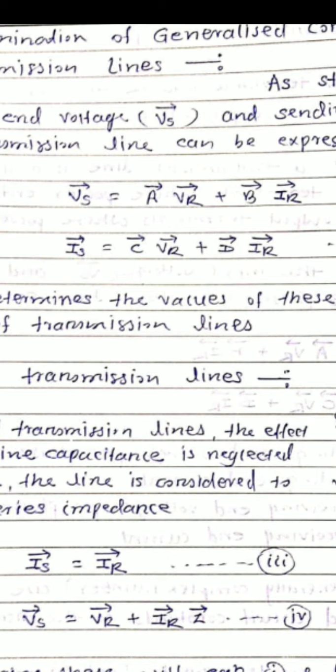Now we determine the values of these constants, A, B, C, D, for different types of transmission lines.